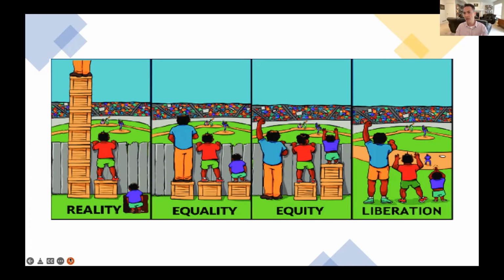What do I mean by that? If you look at this fence, it's a barrier to everyone. There are structural inequalities out there that everyone has to deal with.